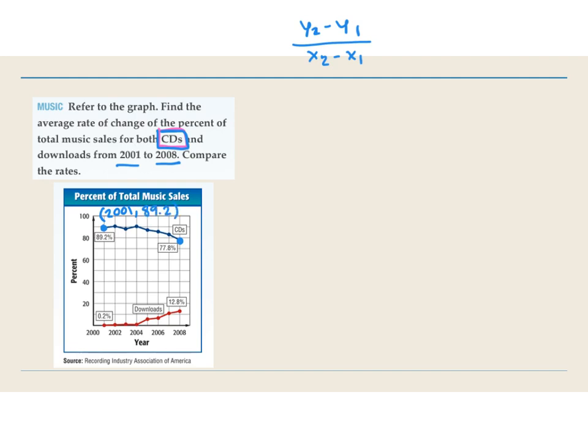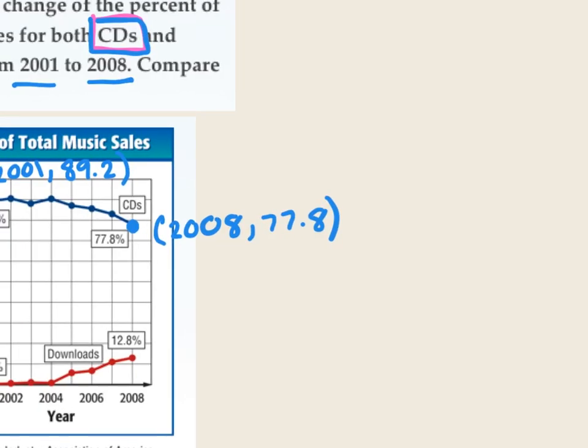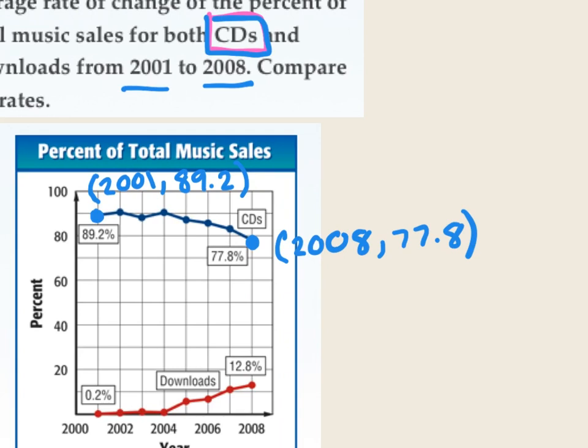So this would be our coordinate point for this first point. And then the second point, we have 2008. And our percent at 2008 is 77.8. So this first point is our x1. The second one is our y1. And then our second point, we have our x2 and our y2.